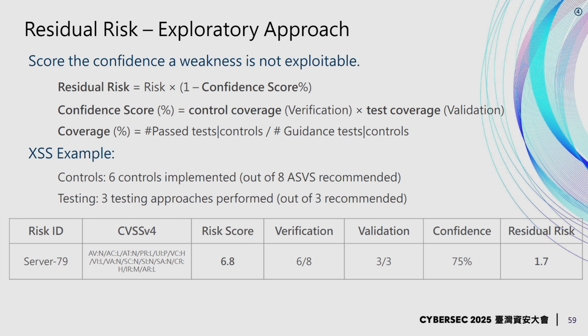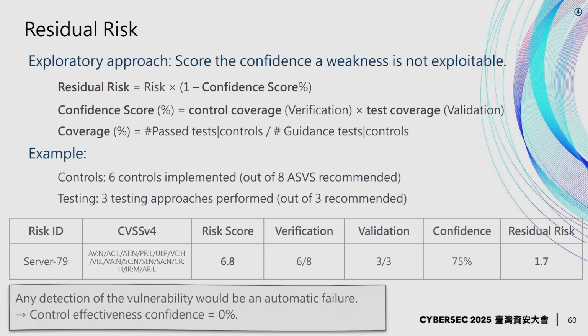So in our example, if the guidance recommends 8 controls, and your team implemented 6 of them, that will give you a 75% confidence that you covered those elements. And same for the testing. If we have 3 recommended tests and we do 3 of them, that will give us good confidence that you cover the vulnerability.